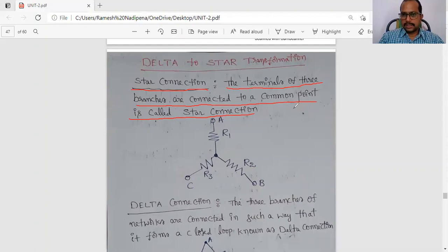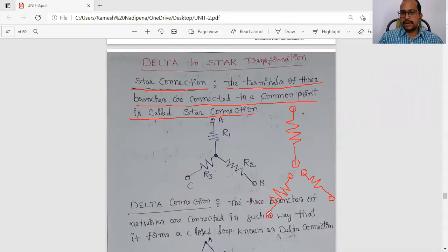That means, let us consider one resistor. This resistor has two terminals, for example terminal 1 and terminal 2. There is another resistor, which also has two terminals, terminal 1 and terminal 2.